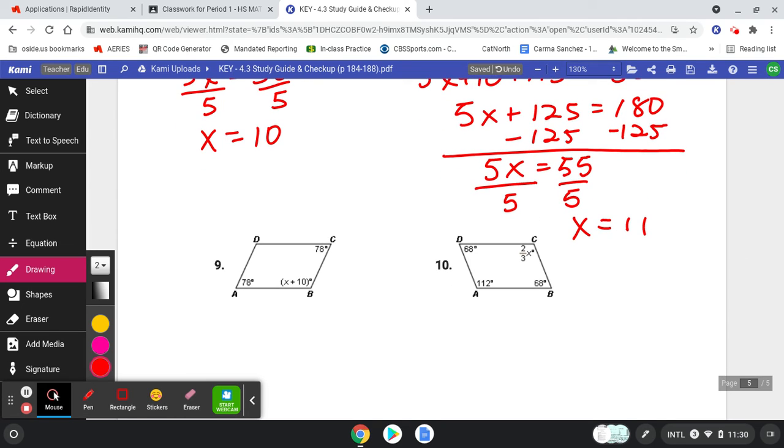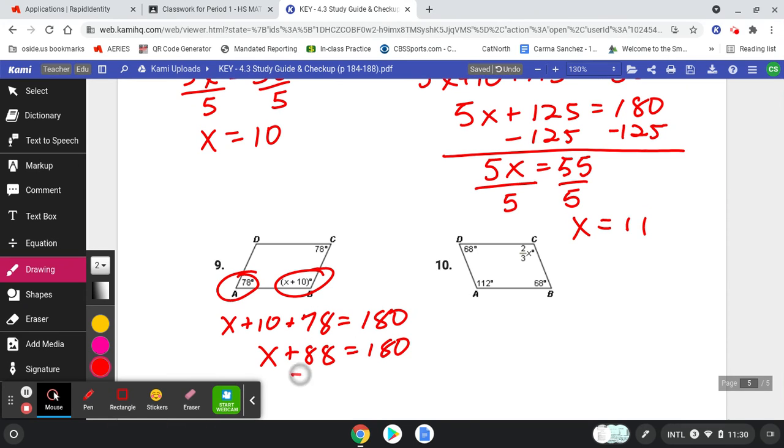All right, on this next one, I'm also going to use consecutive angles, x plus 10 plus 78, supplementary. These two are supplementary. And so that's x plus 88, subtracting 88 from both sides.